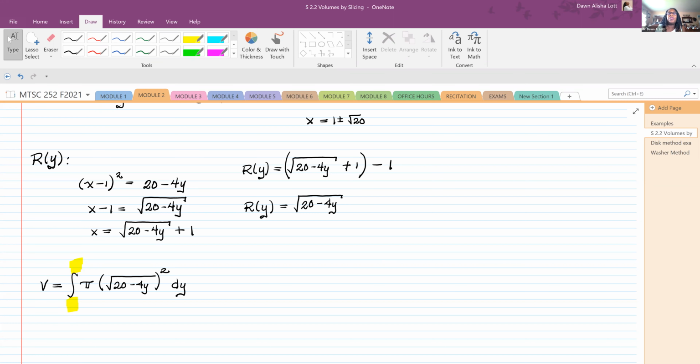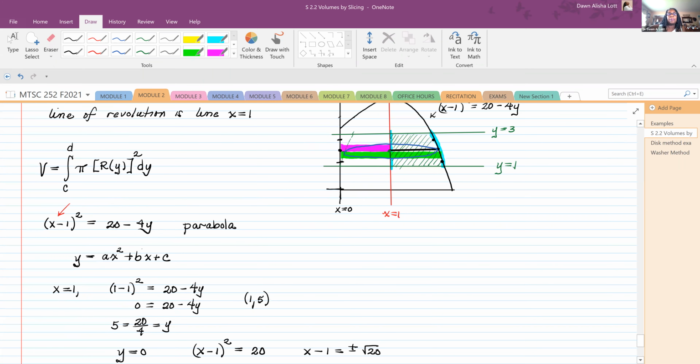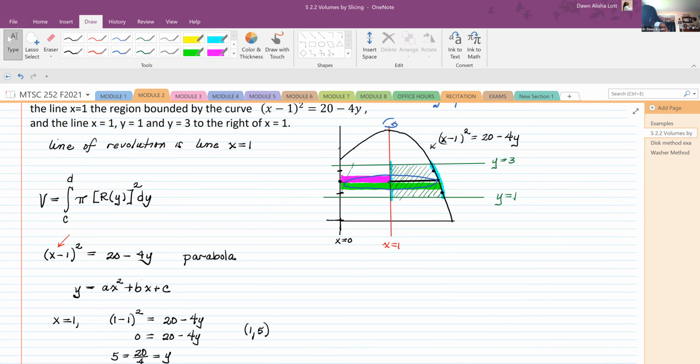So now this is how you figure it out. Where does that black line start? x equals 1. Okay, that's where it starts. But this is a y problem. So that black line is moving up, in order for me to get every piece of this region.